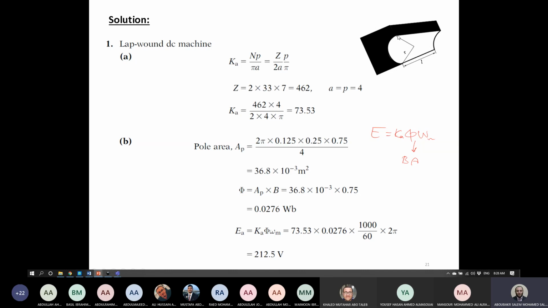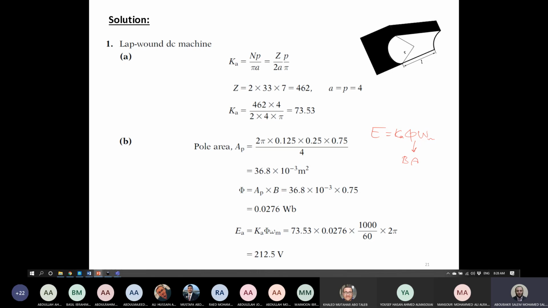We have 1/4 of the cylinder, and the internal area of this cylinder equals the circle periphery, which is 2πR multiplied by the length.